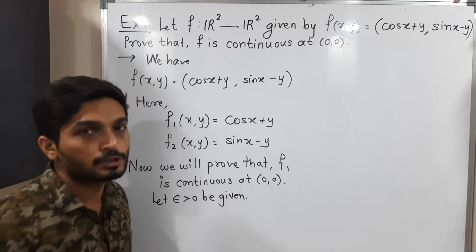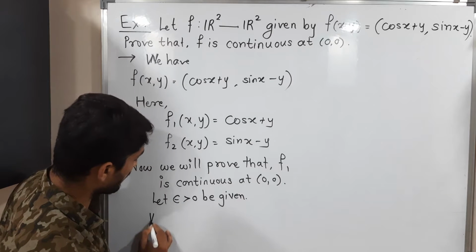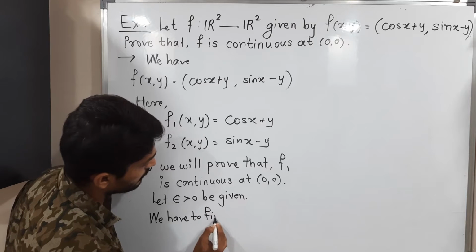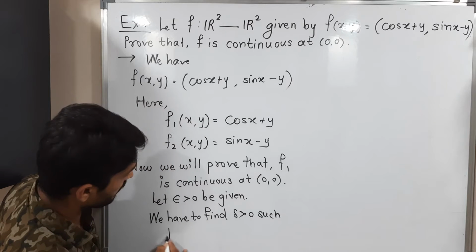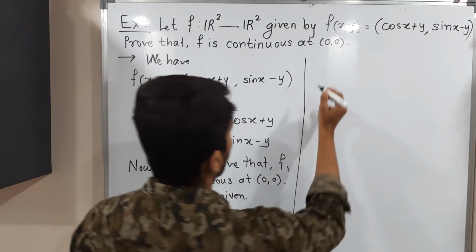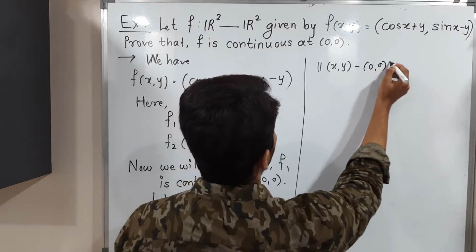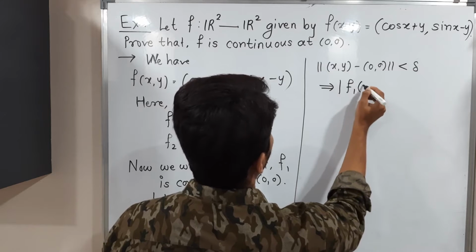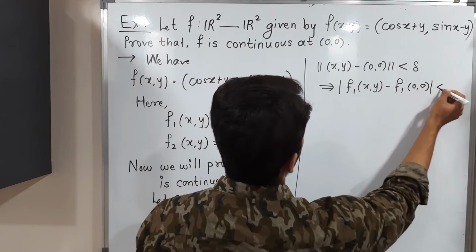We have to find a delta greater than 0 such that norm of (x, y) minus (0, 0) less than delta implies mod of F1(x, y) minus F1(0, 0) less than epsilon.